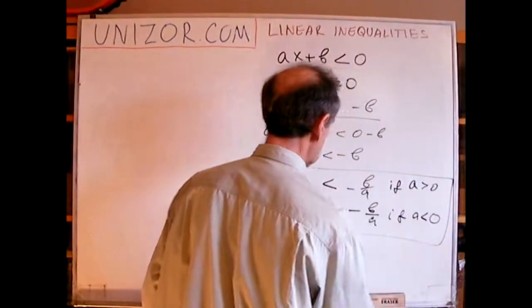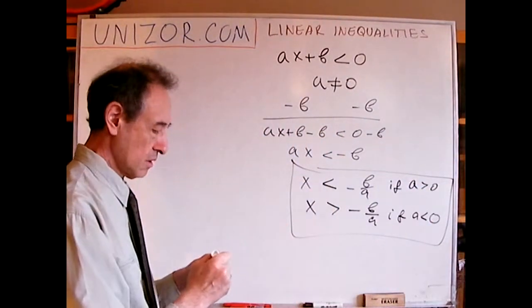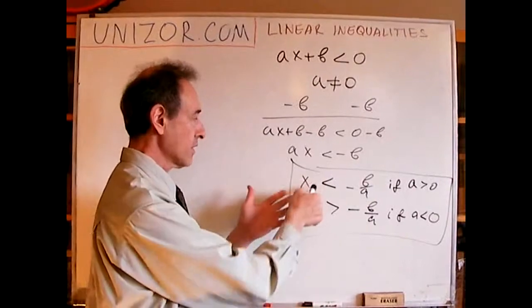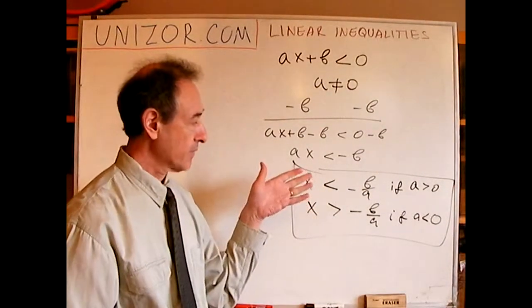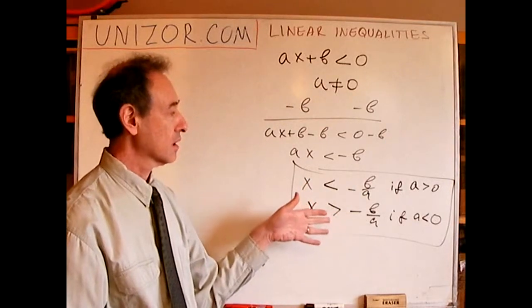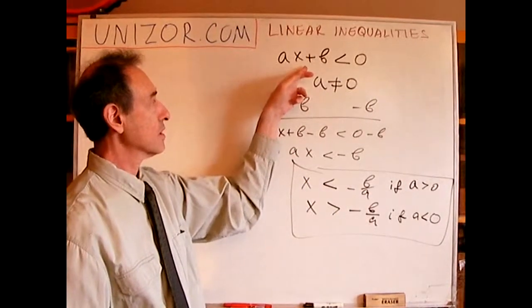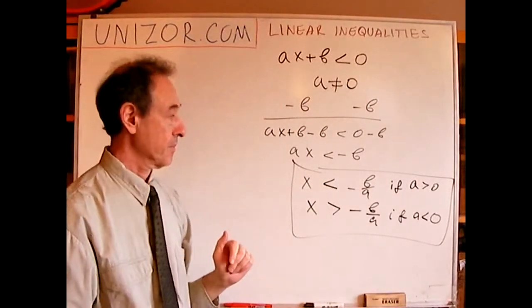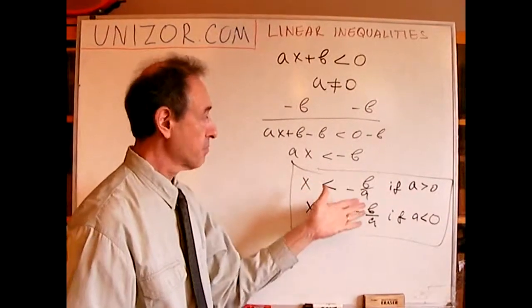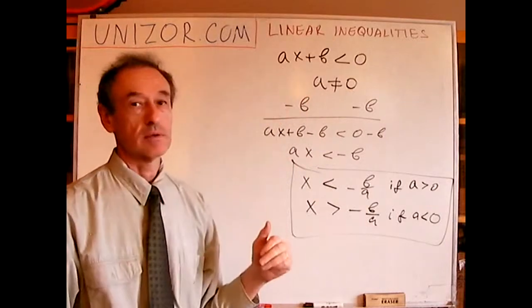And this is a solution. So the solution is a condition on the argument x, which is a necessary and sufficient condition for this function to satisfy this condition. And it depends on the sign of a.